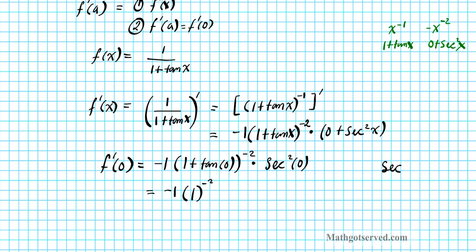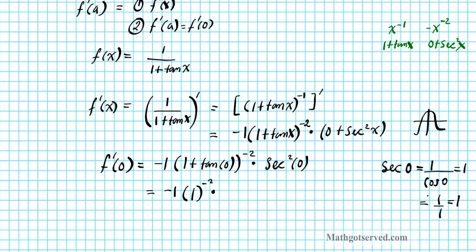Okay, secant 0, this is a reciprocal trig function. It can be written as 1 over cosine 0. Now we know from the graph of the cosine curve that cosine of 0 is 1. Okay, so we have 1 over 1, which is 1, so secant of 0 is 1.